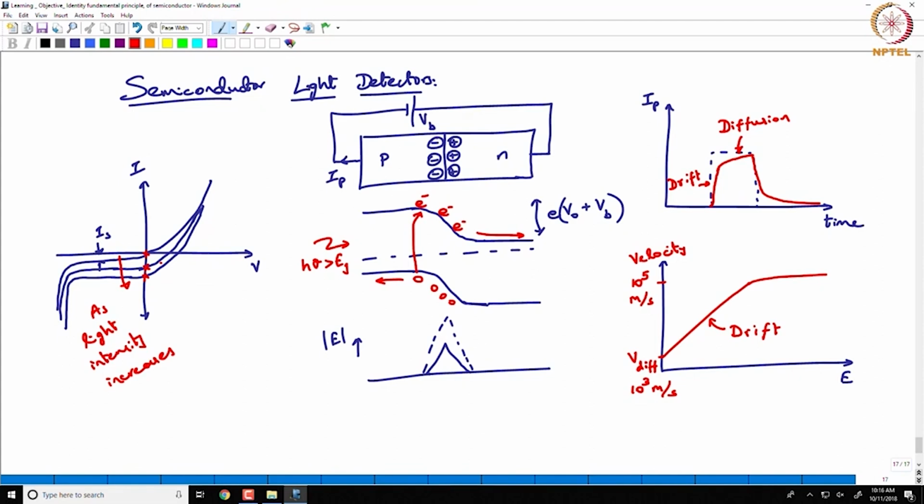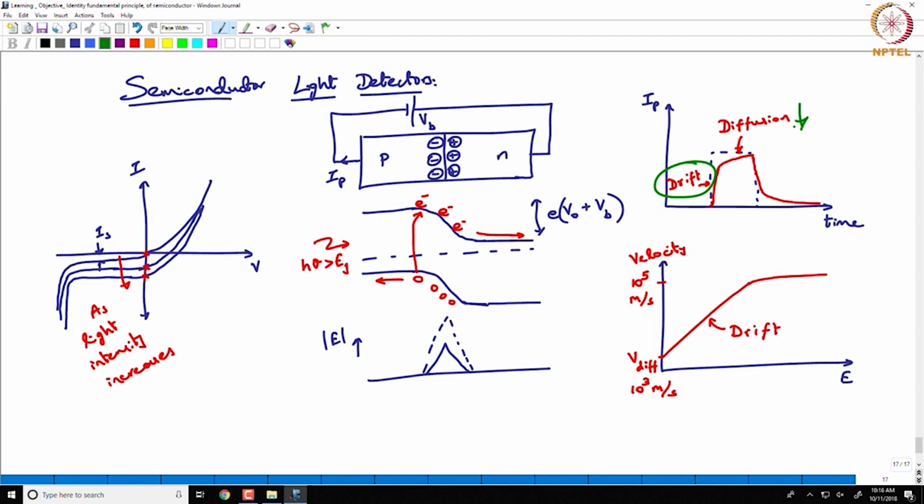But nevertheless, coming back to this picture here, if you want to have a high speed response, you need to essentially encourage drift and you want to discourage diffusion, right. So, how do you do that?